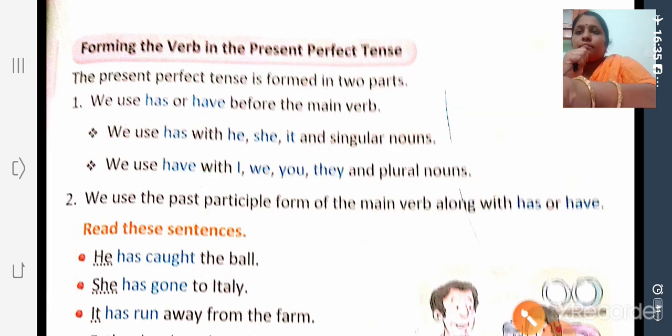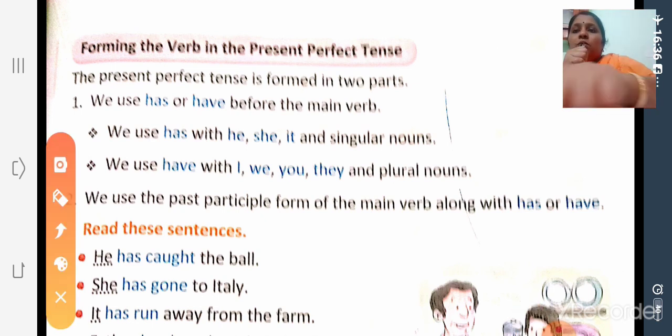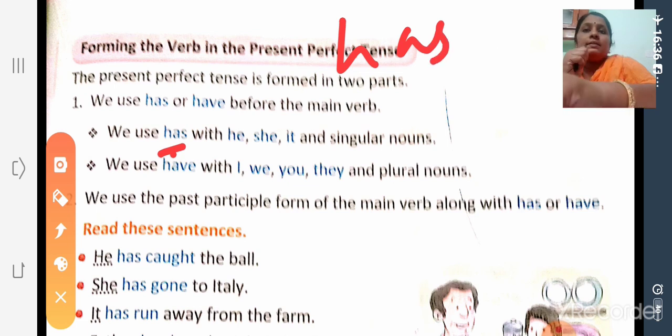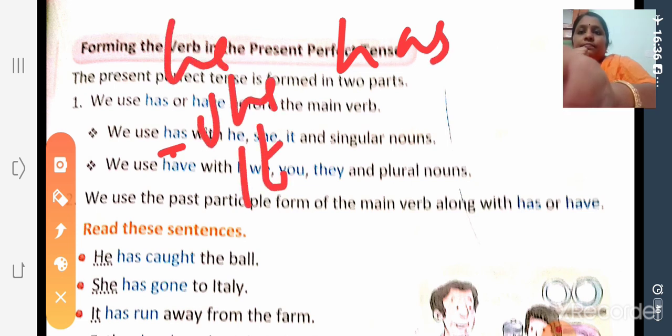Okay. The present perfect tense is formed in two parts, that is has or have and past participle of the main verb. And we use has with singular. Along with singular nouns and pronouns, we use has. Singular, that is he, she, it.